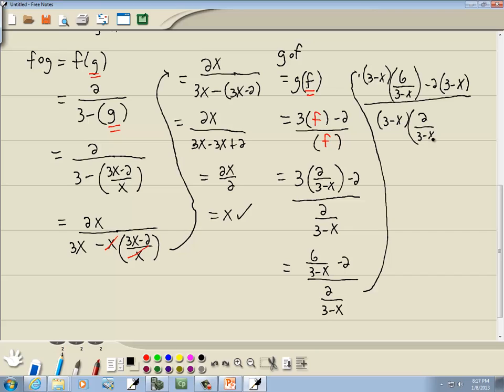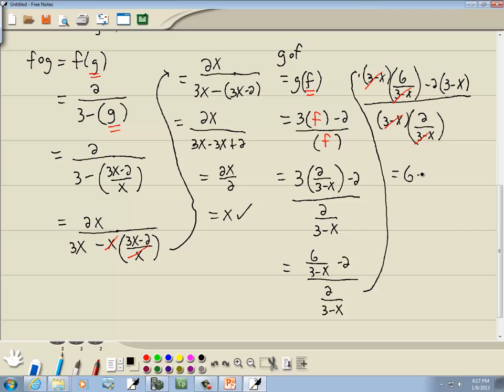Notice I multiplied times this first fraction here, times the negative 2, and times the fraction on the bottom. Now these 3 minus x's cancel here, and 3 minus x cancels there. I got 6.